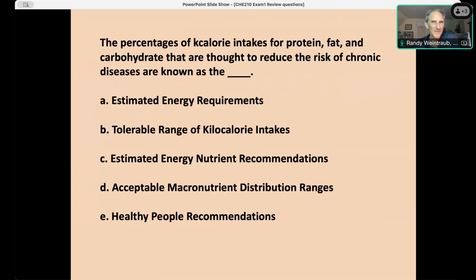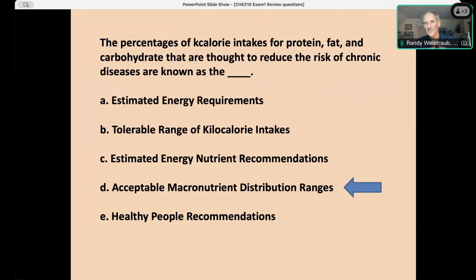The percentage of kcal intakes for protein, fat, and carbohydrate that are thought to reduce the risk of chronic diseases are known as what? These are recommended amounts of the macronutrients, and it's an acronym that's hard to remember: the AMDR, the acceptable macronutrient distribution ranges.